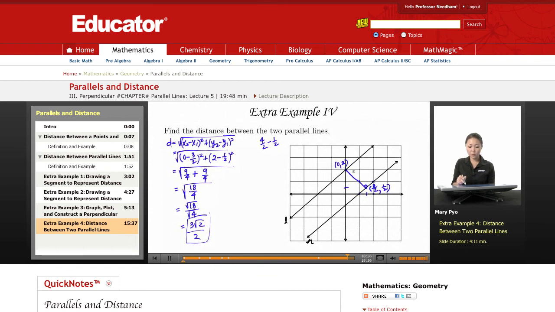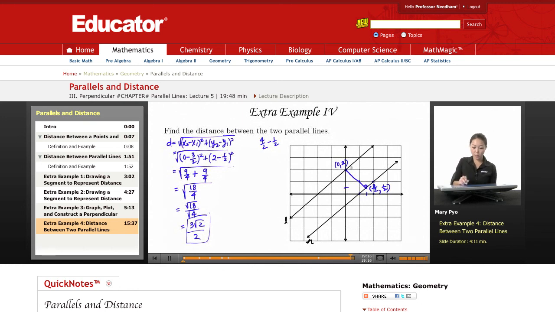So all you do is make sure you have the 2 points whenever you try to find the distance between a point and a line, or 2 parallel lines. Make sure you have the 2 points so that the segment that connects them is perpendicular to the lines. And then you just use the distance formula.